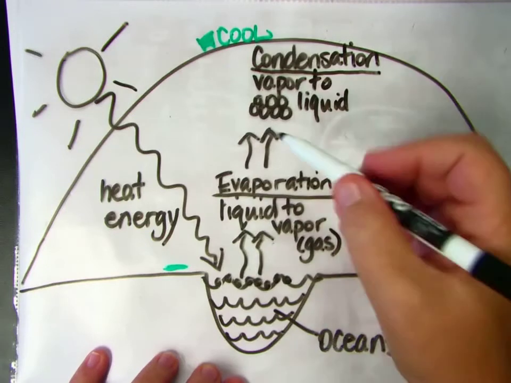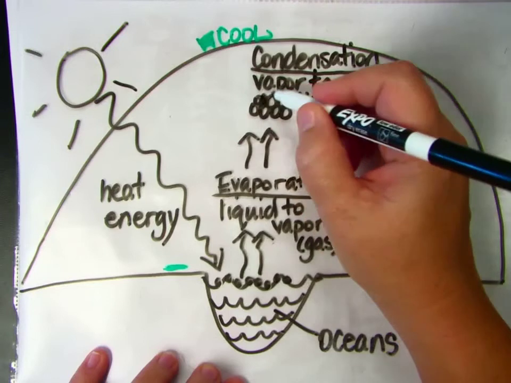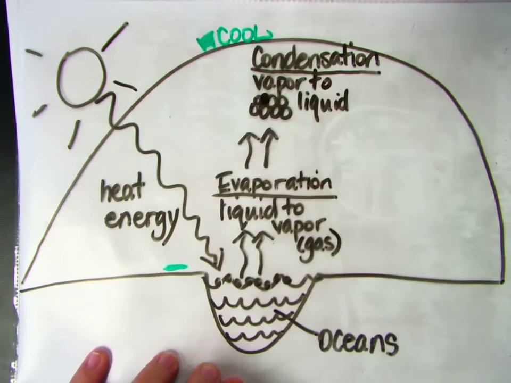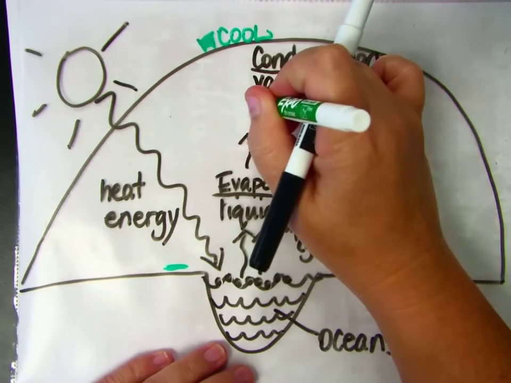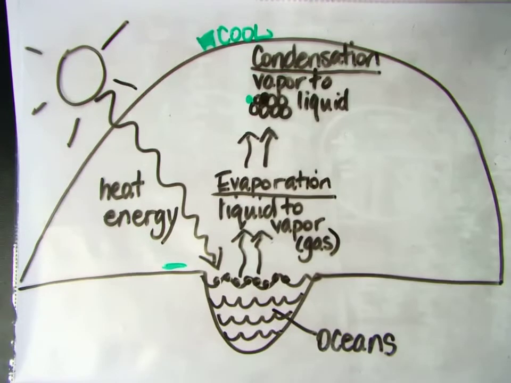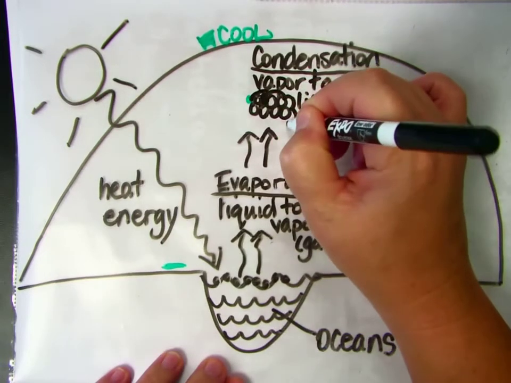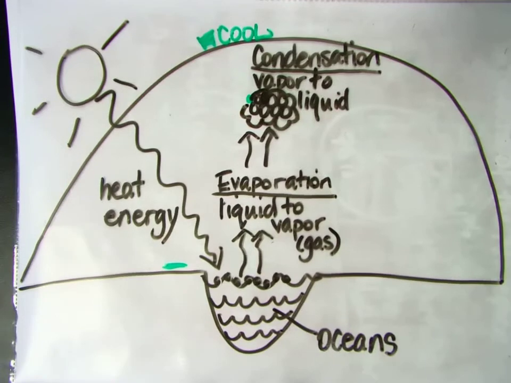When that condensed liquid starts to come together, it invites a particle of dust or gas or soot or pollen. And that little tiny particle is absolutely necessary in the water cycle because little particles come together with molecules of water, liquid water, or condensed water, and form a cloud.